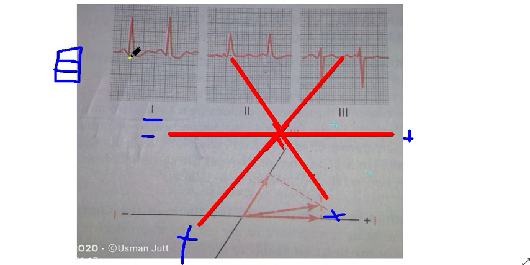In lead 1, three boxes are covered by the QRS complex in the vertical direction, so its magnitude is a little greater as compared to lead 2 and lead 3.